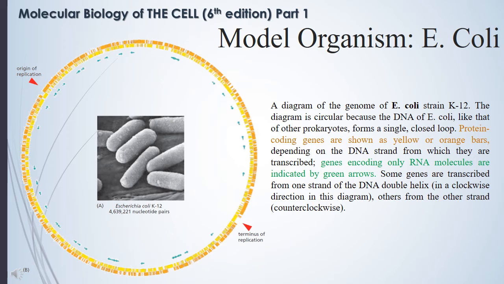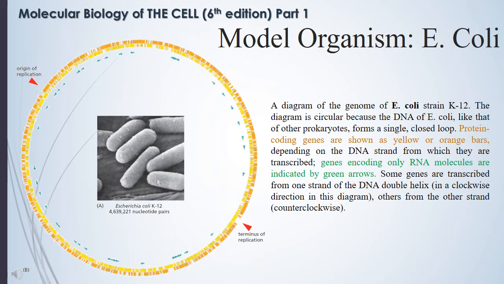So here is the image of a genetic material of E. coli. That circular structure is its DNA, okay? And just like many other prokaryotes, the genomic material in this cell is circular and makes a loop.